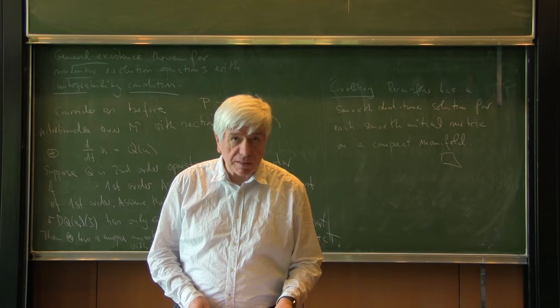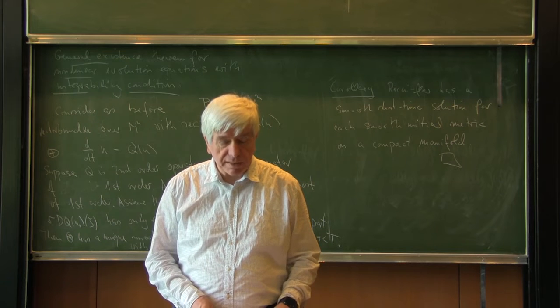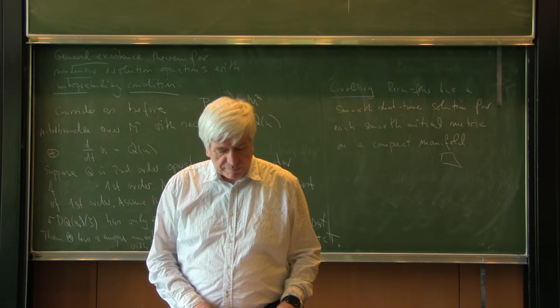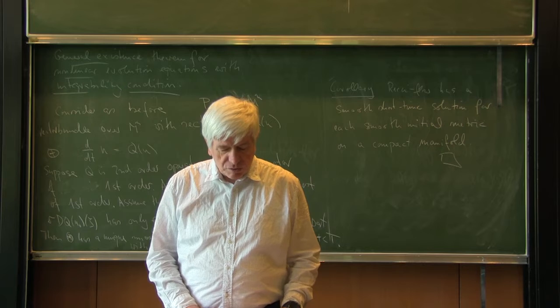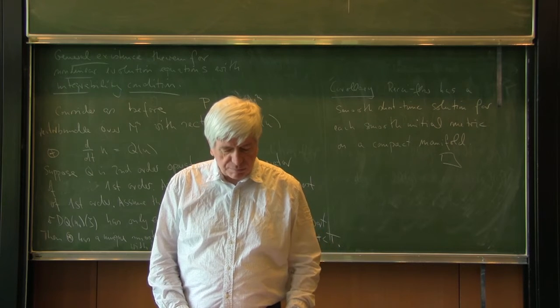It's a powerful theorem. I will show you at the end of this lecture how to apply it, say, in mean curvature flow. But it's also useful to have a more direct approach.